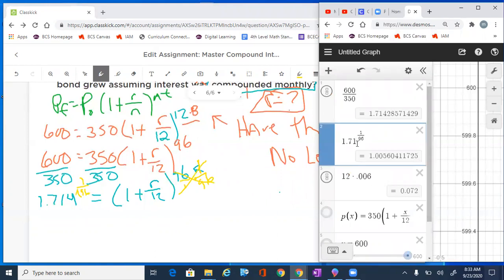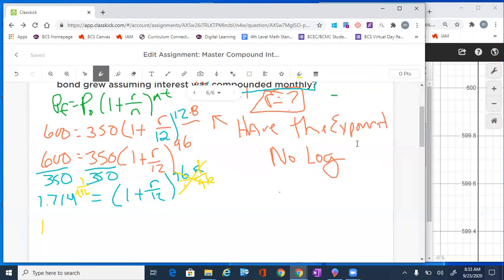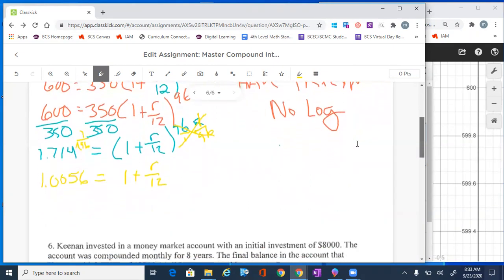I'm going to add a 4 there. 1.714 to the 1 over 96 power. And I'm going to put 1.0056. I'm going to go a little bit further out: 1.0056 equals 1 plus R over 12. The only reason I'm going further out is because we'll get a little bit more exact of an answer, especially when we look at it graphically.